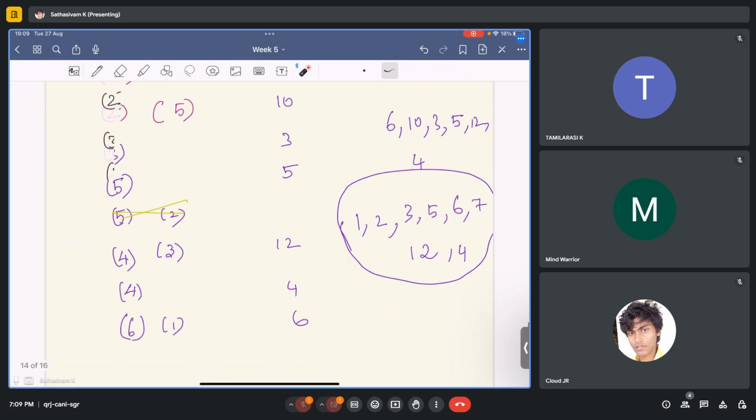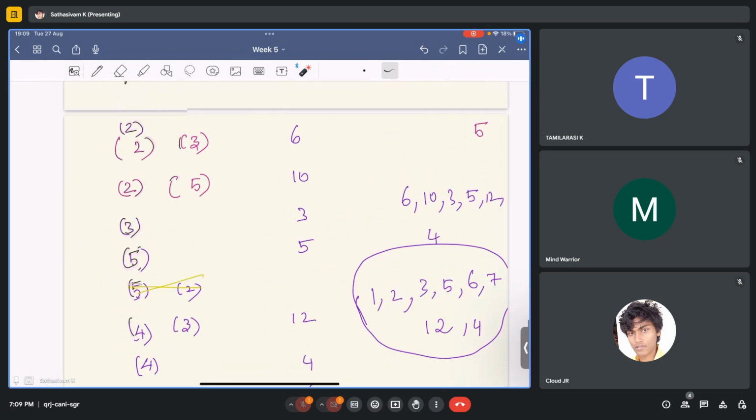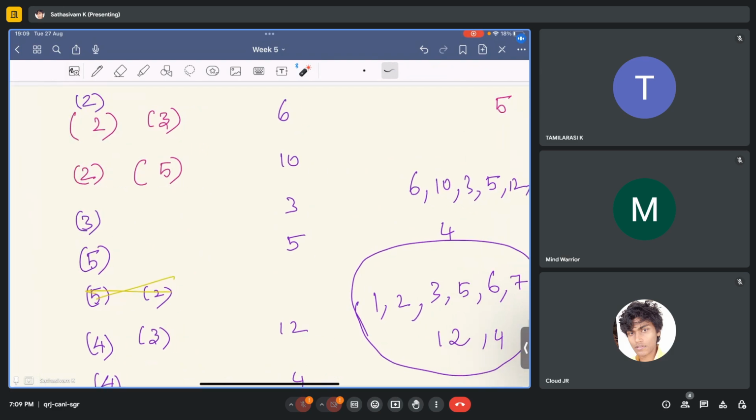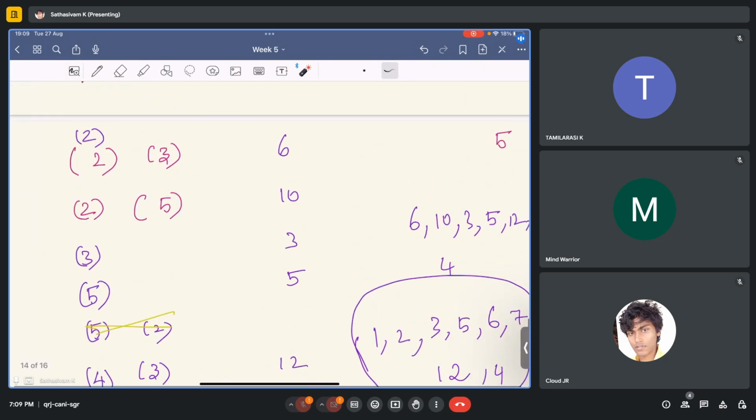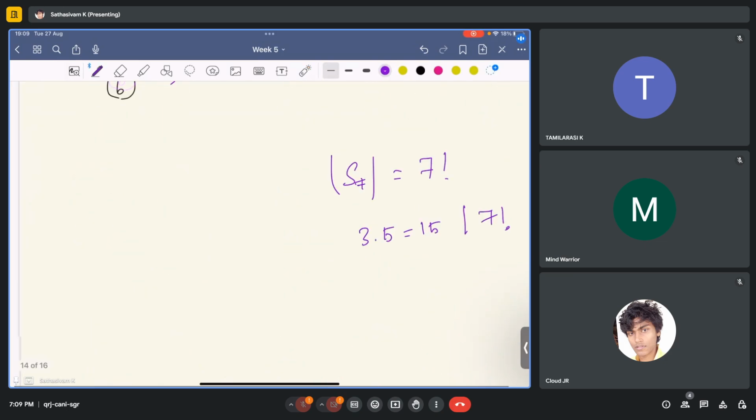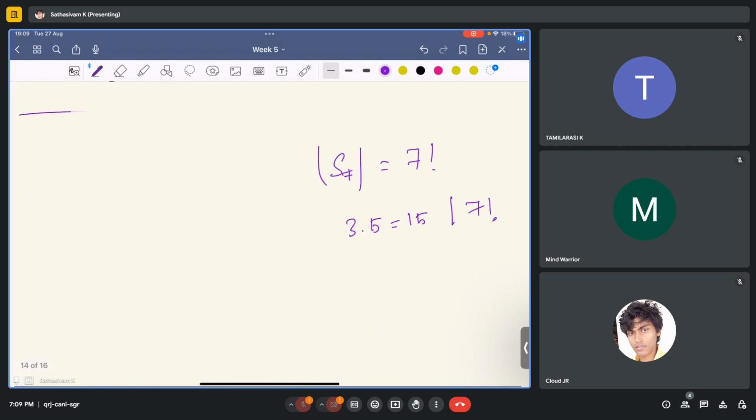So how you do this is you just use this property. Okay, here I skipped a few cycles, because if you write all the cycles, it becomes lengthy, so I skipped them. But if you want, you can always write them. For example, for the 2 cycle, I will just write every possibility. So this can be a 2, and the rest of this is 1, 1, 1, 1, 1. Or I can write a 2 cycle, 2 cycle.